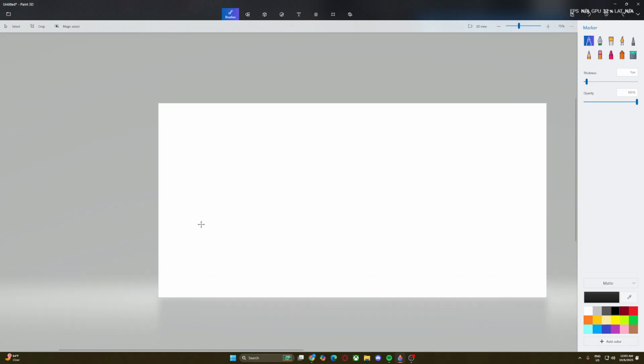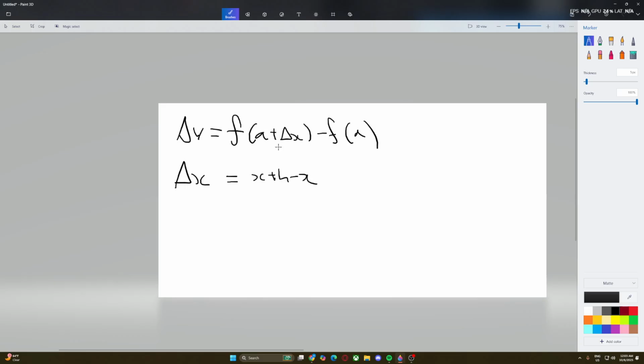Alright, let's start with the fact that change in y equals f of a plus change in x minus f of a, because a change in x is equal to x plus h minus x, right? So that means change in y is this. Anyways, so that is change in y.